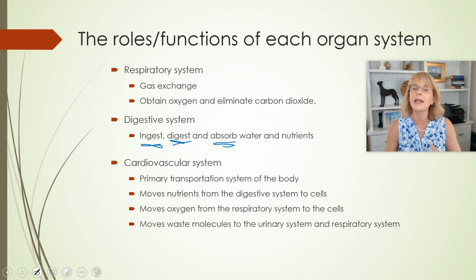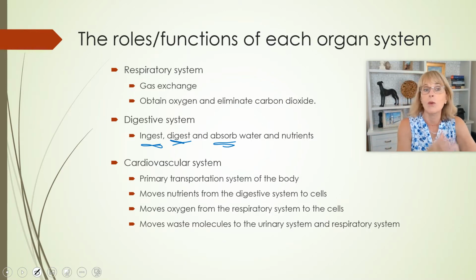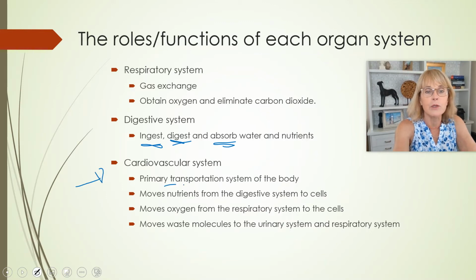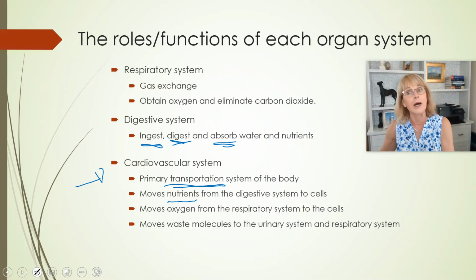So obtaining nutrients. After the digestive system or the respiratory system has obtained either oxygen or nutrients, it's the job of the cardiovascular system to be the transportation system of the human body. Okay? And as the transportation system, it moves stuff around. It'll take nutrients from your intestinal tract to the cells of your body.